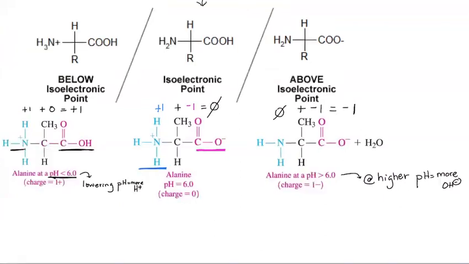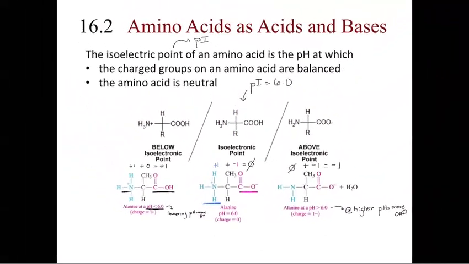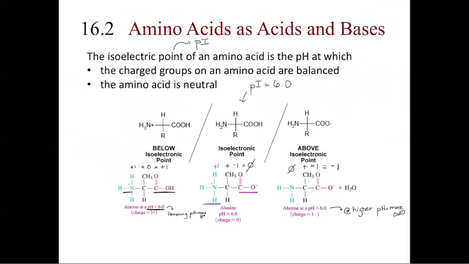So understand that this whole process of isoelectric point is an important feature of amino acids that we utilize in the laboratory in order to separate amino acids from each other because of the different protonation and different charges that they will have. Or another use is to purify proteins.